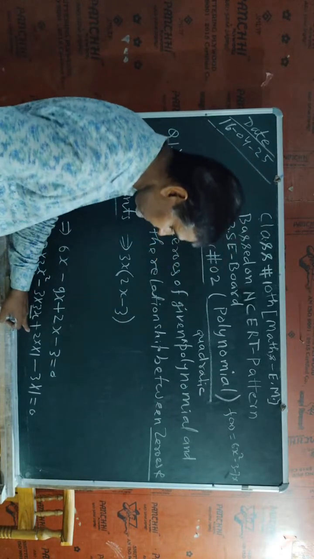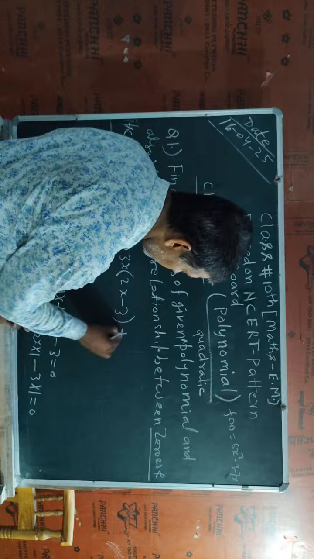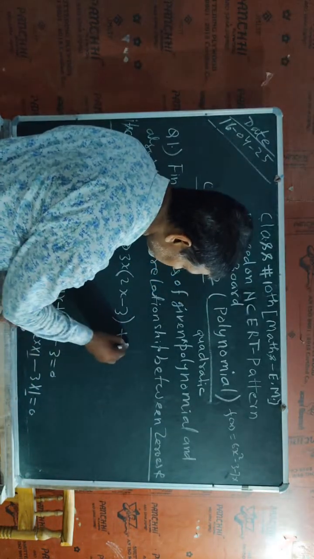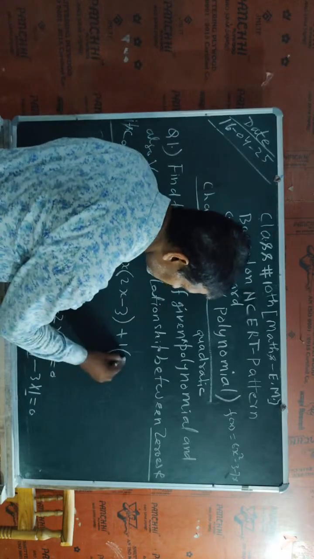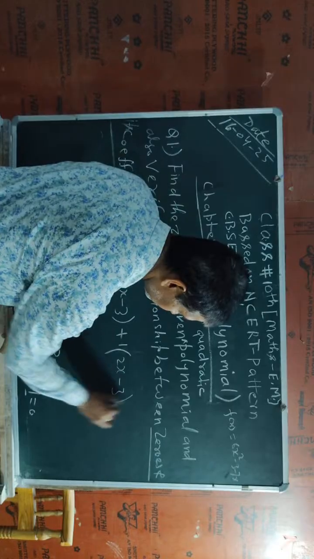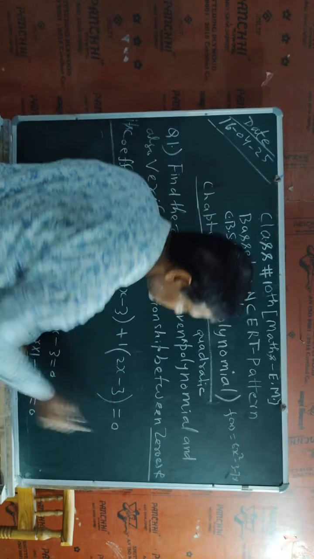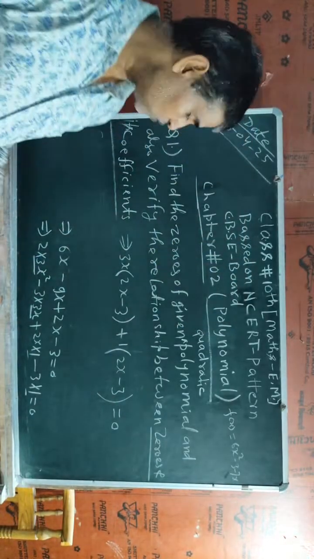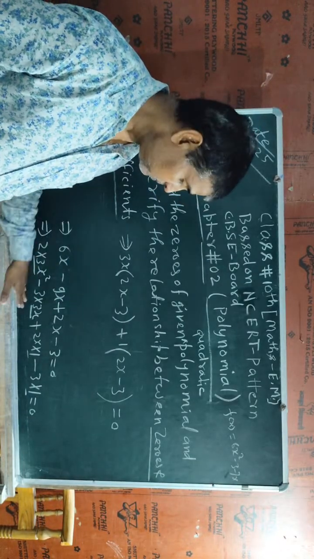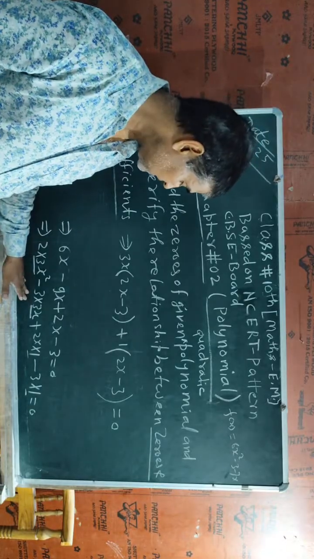Now here a plus sign is available, so I am taking 1 common from these two terms. So 1 is common. So here will be 2x, and minus is available, so I will put minus, and then minus 3, which is equal to 0. Okay, students, so you can write from this equation to this easily with the help of common.